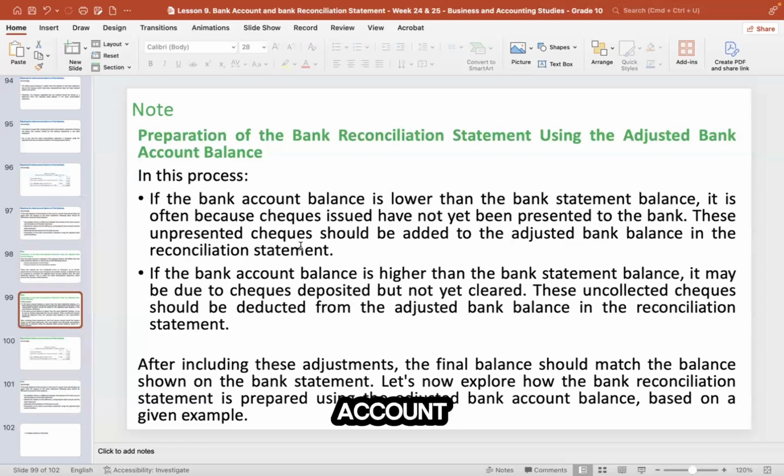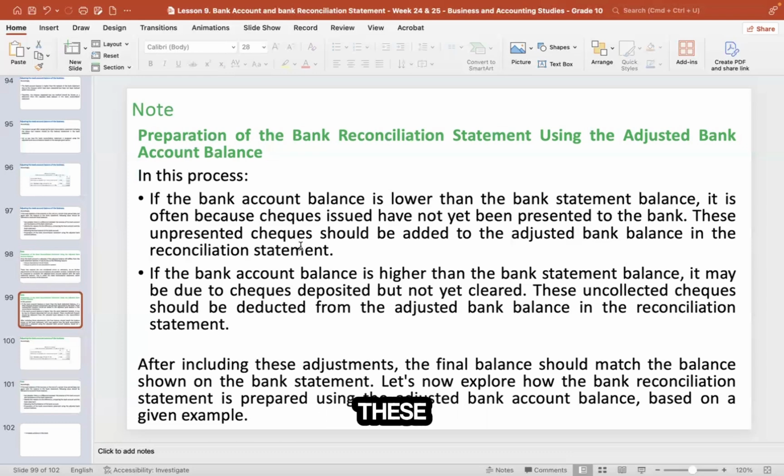If the bank account balance is higher than the bank statement balance, it may be due to the checks deposited but not yet cleared. These uncollected checks should be deducted from the adjusted bank balance in the reconciliation statement.